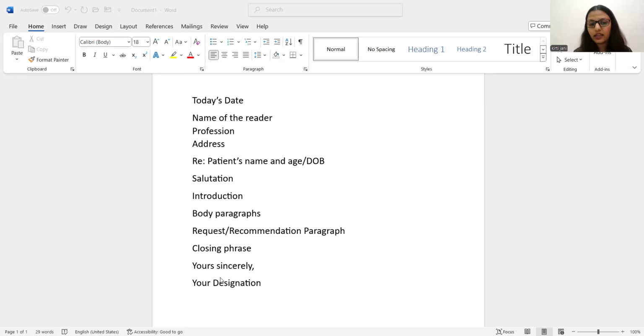Leave a line again and write your designation. Never ever write your own name. Write your designation, whatever is given in the task, or you can write your own designation, nurse, doctor, pharmacist, whatever. But you need to check what is given in the case notes. If it is given, you should close with that designation.